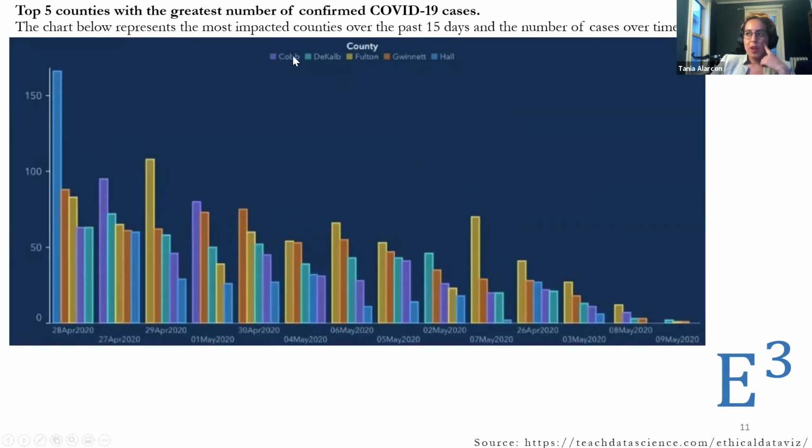So we have the top 5 counties in Georgia. And then this is supposed to be presenting COVID cases over time. And it's the most impacted counties. That's why there are only 3.